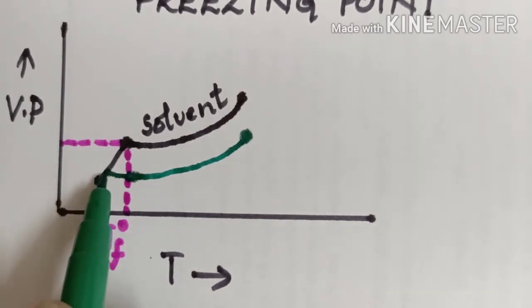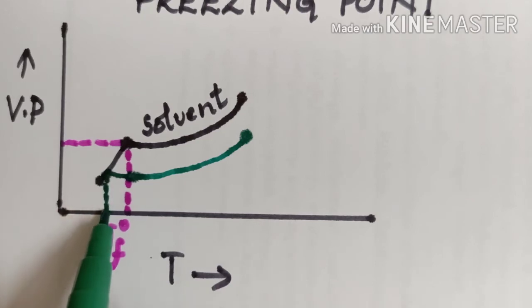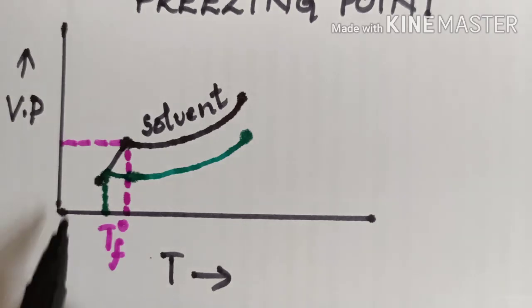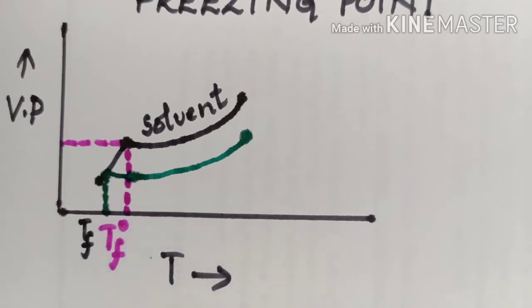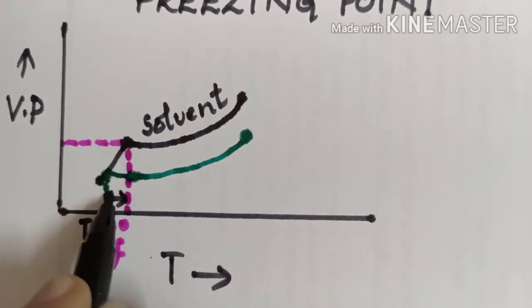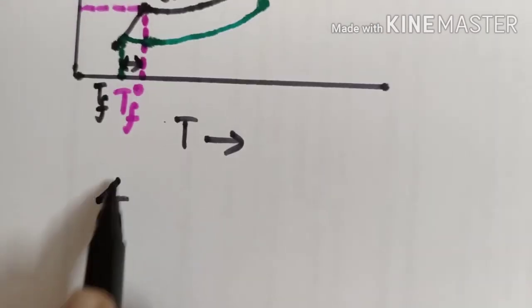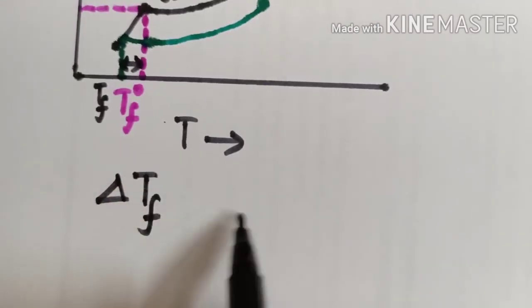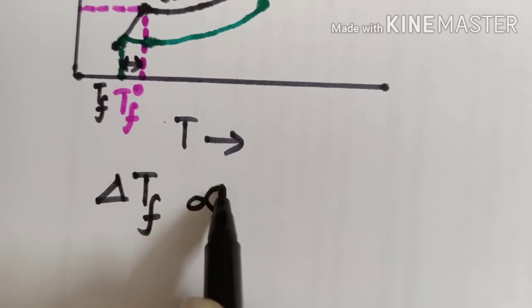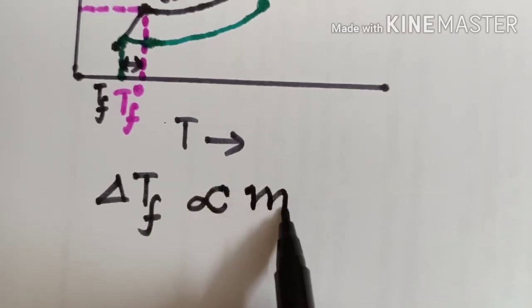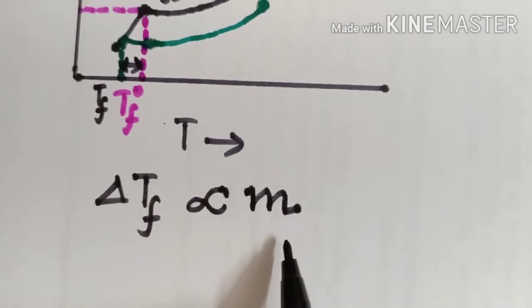So the temperature corresponding to that is lower than the first case, and that can be marked as TF. So what is the change in temperature? Change in temperature can be marked as delta TF, which is proportional to the amount of salt that is dissolved, and that is equal to the molality.